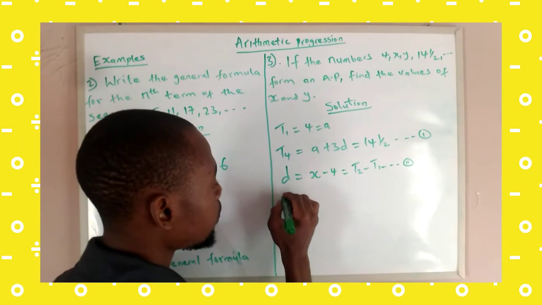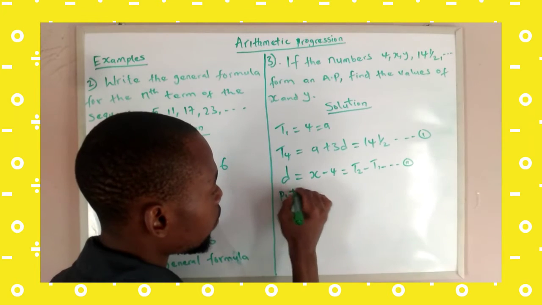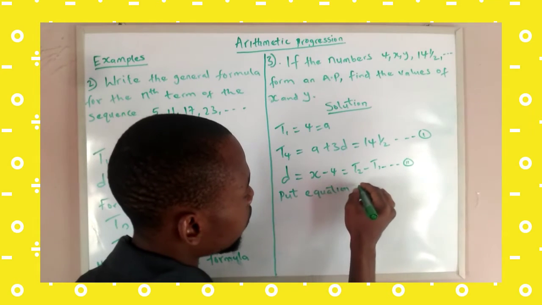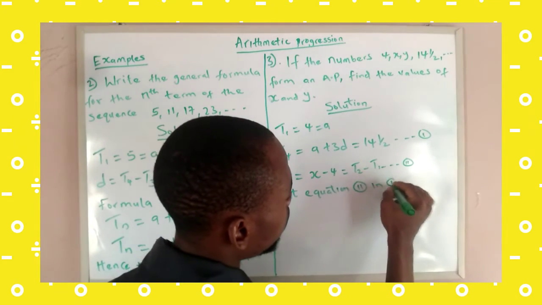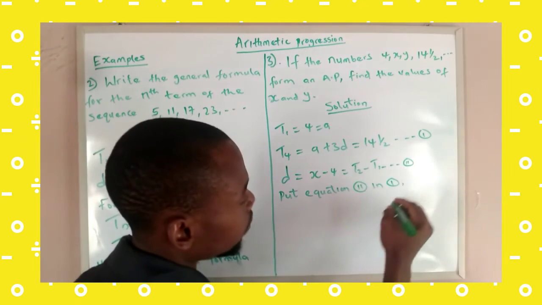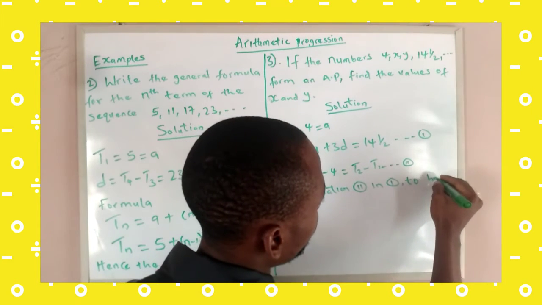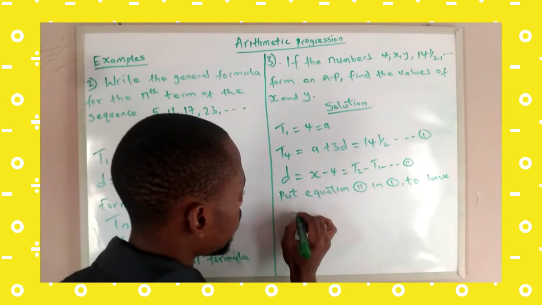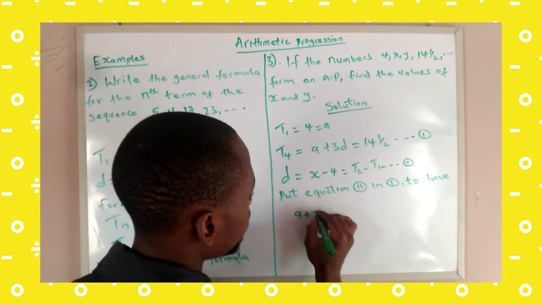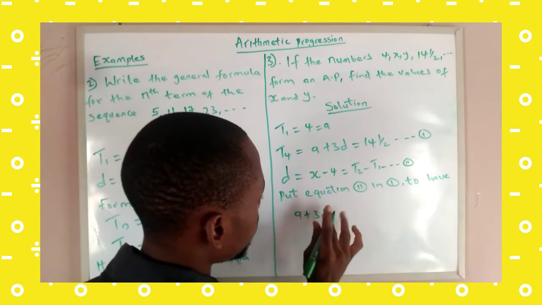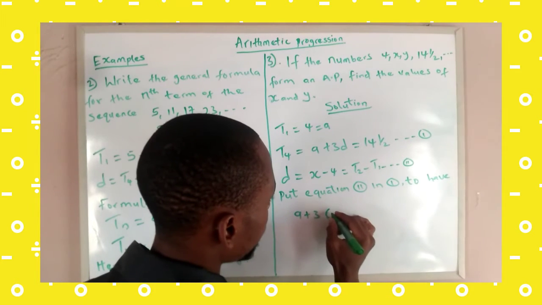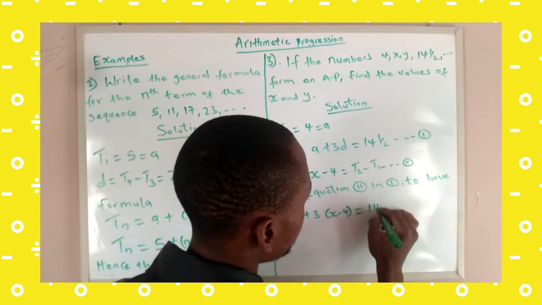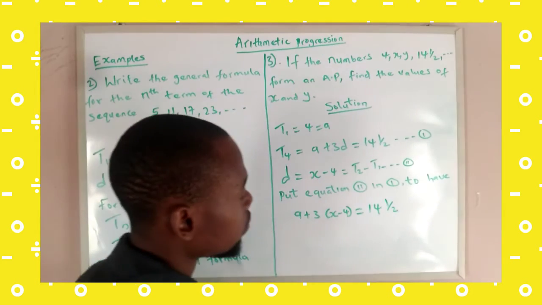So I will have a plus 3d, sorry, our d now becomes x minus 4, and that will give us 14 whole number 1/2.